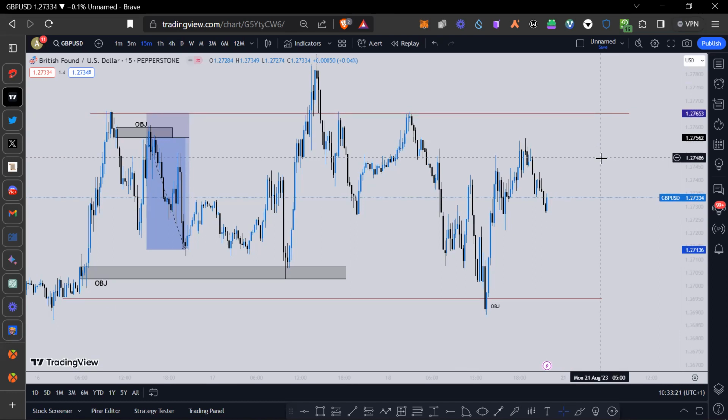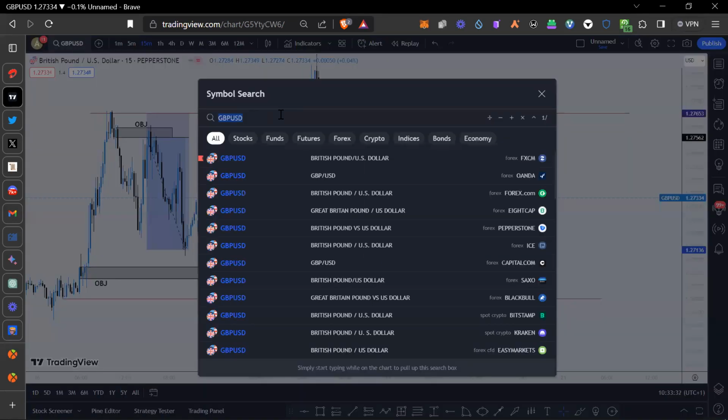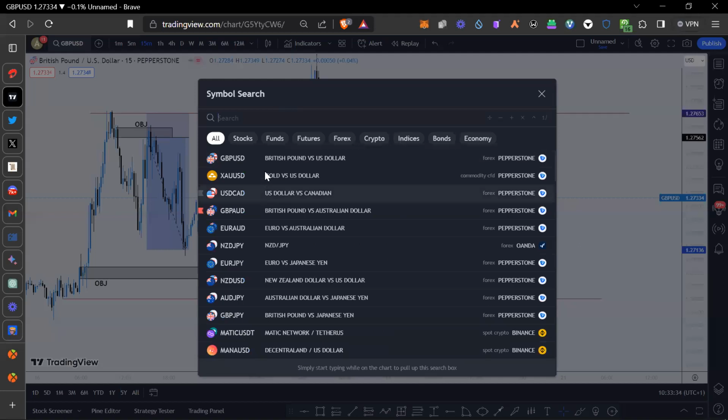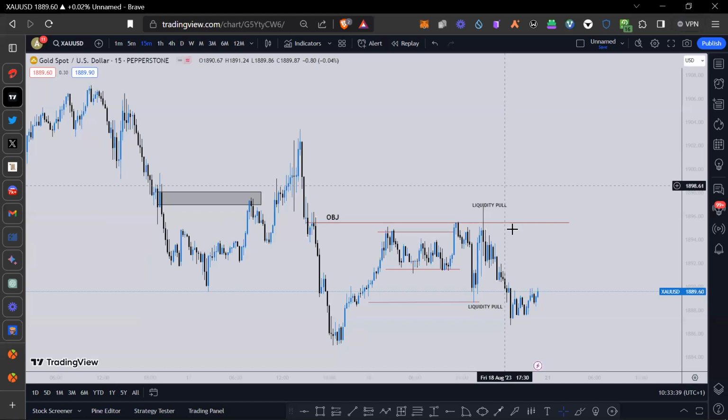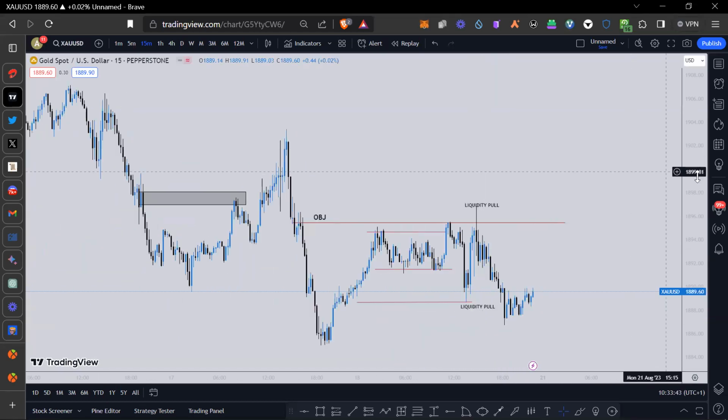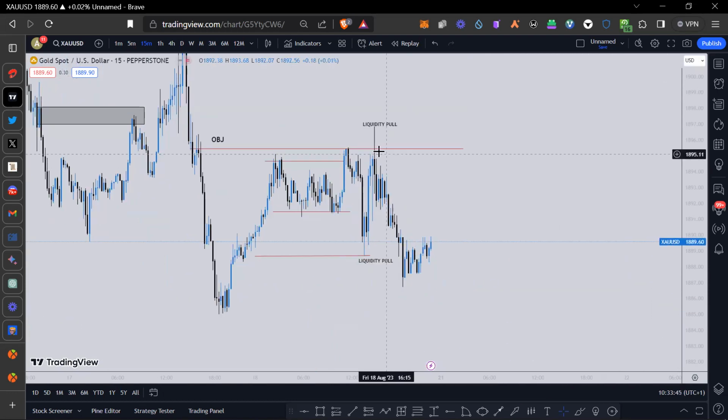Must the liquidity always be a weak candle, or can it just be a close candle? It depends on where you are in the market, but most times the weak candle here was a result of the news that happened on Friday.